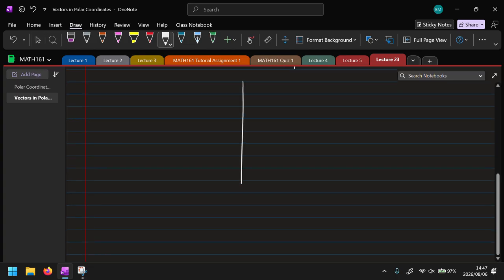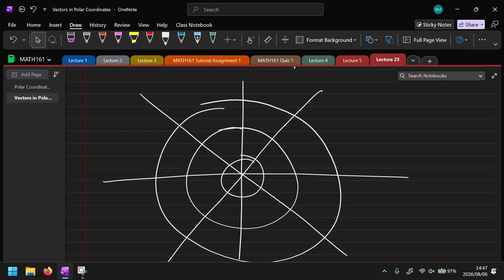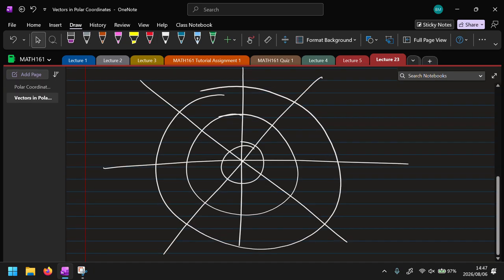So let's draw in our polar coordinates system. We got something like that. We know that these radial lines go out at angle theta, and we have these circles that go out with radius r. Any point in this polar plane will then be given by r and theta.